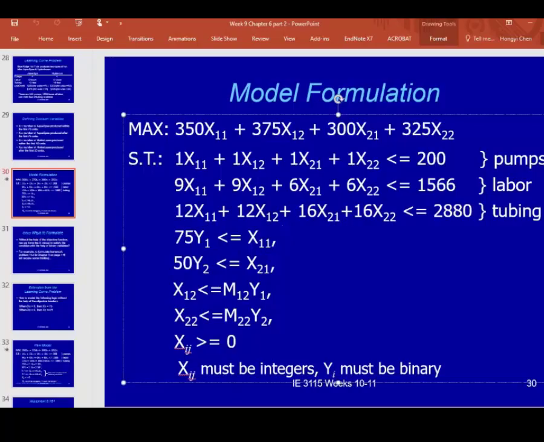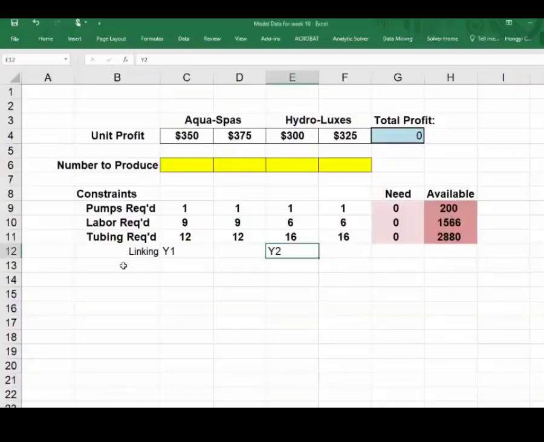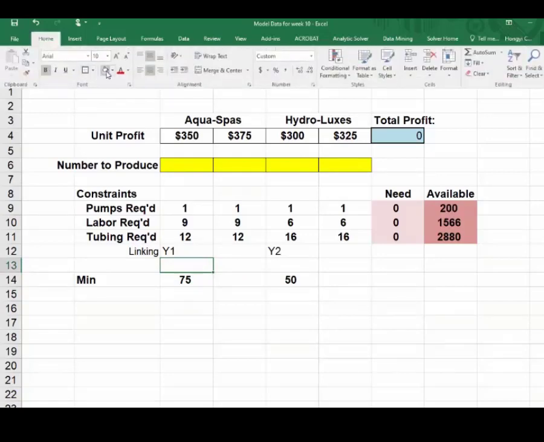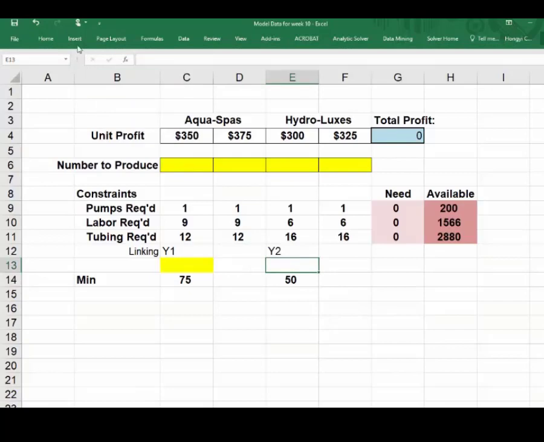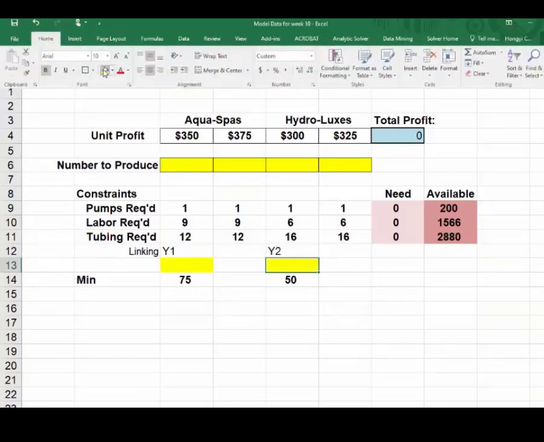So this 75 is the minimum value. And for the hydrolux, it is 50. So the production of hydrolux has to reach 50 in order to increase the profit to the next level. And we're going to just highlight these two cells here to represent these are our Y's.